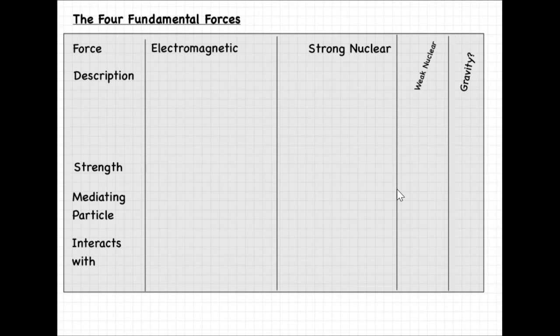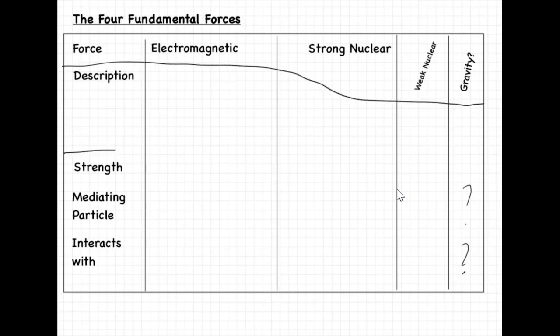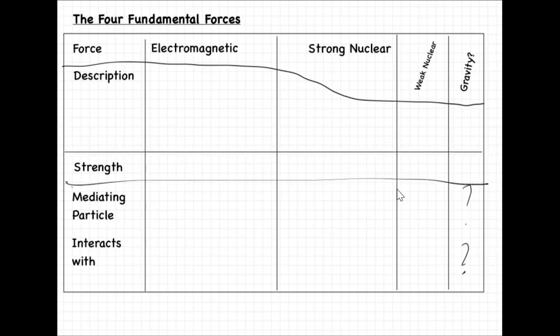But the gravitational force, we're just going to fill up with question marks, except for strength. We are going to compare the strength, okay? So everywhere I put an X here, you guys are actually going to fill out. You're just not going to know for gravity what the mediating particle is.